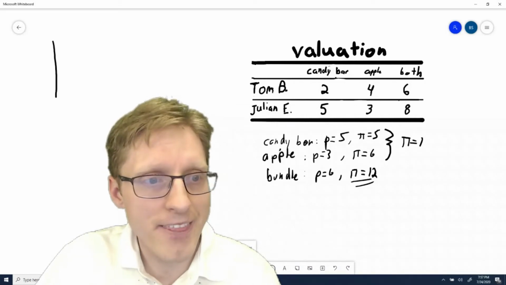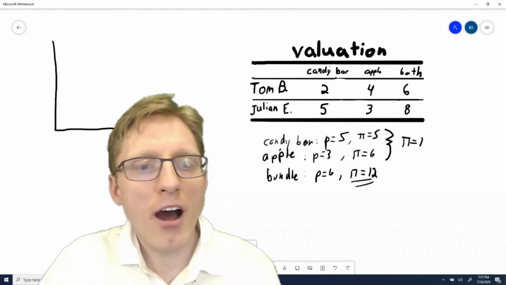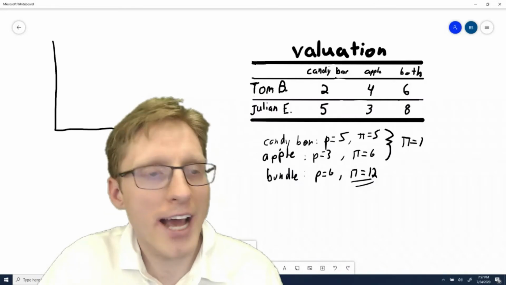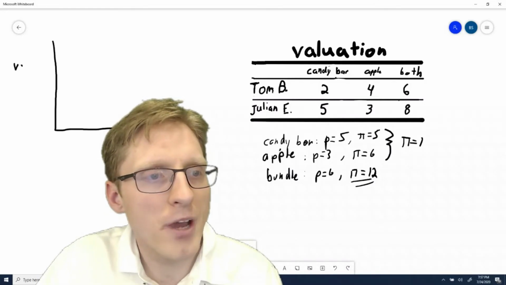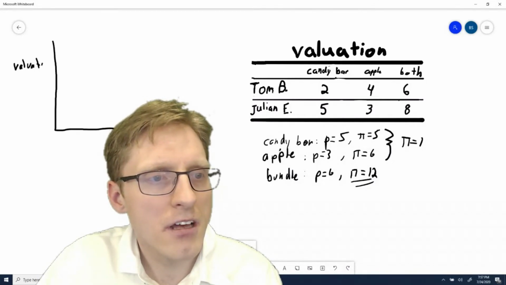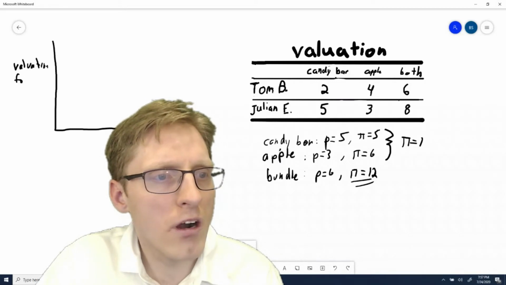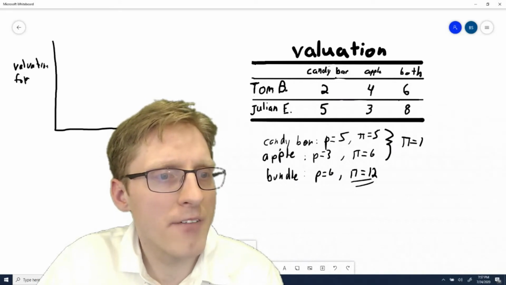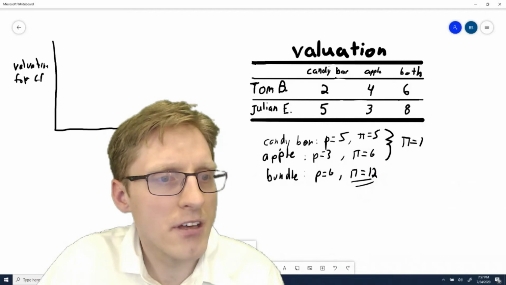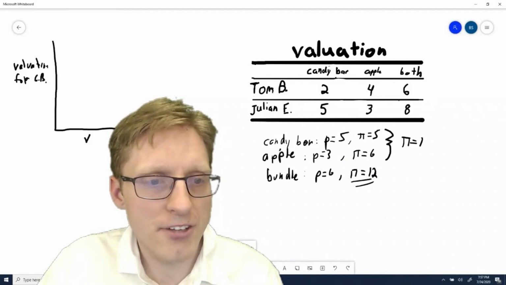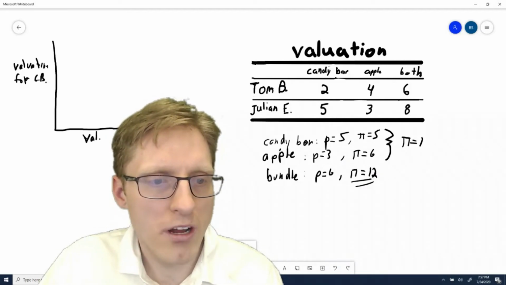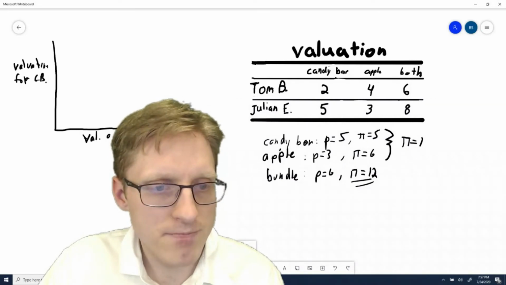I can illustrate that using a graph. On this graph, on the vertical axis, we're going to have the valuation for, I'll just say, candy bars. And on the horizontal axis, we'll have the valuation for an apple.